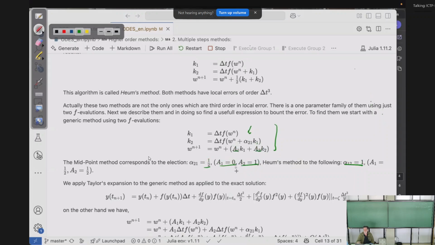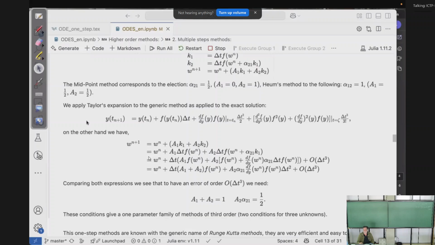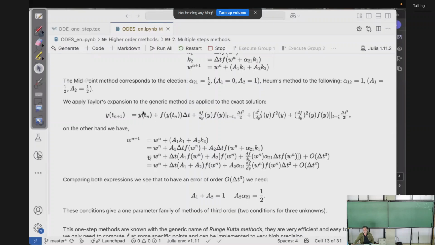So now we can put all this together and do the error for all these methods. How do we do this? We do the Taylor expansion here for an arbitrary function. This is the same as above. And then we use Heun's method and work out everything.